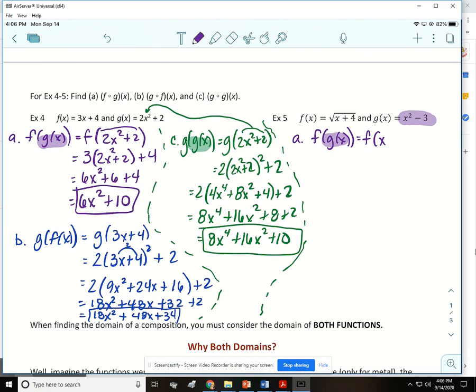So f of x squared minus 3. So I'm going to take that, x squared minus 3, I'm going to put it in for x in the f function. So we have the square root. Instead of x plus 4, we have x squared minus 3 plus 4. All right, combine your like terms and you're done.